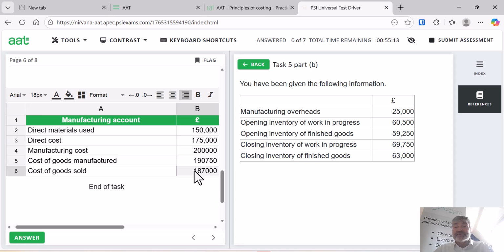That can be deducted from the revenue generated from the sales to arrive at my profit for the period. So there are the calculations. Obviously, it's important for you to remember the order that items appear in the manufacturing account and also how you calculate all the various subtotals.